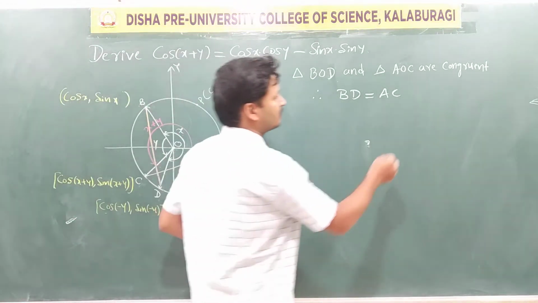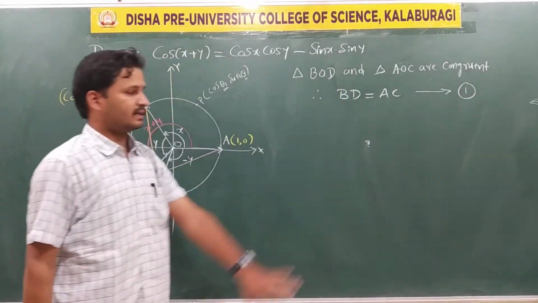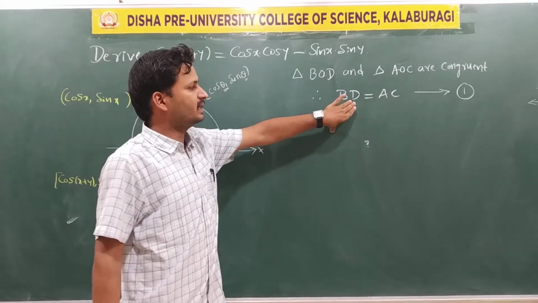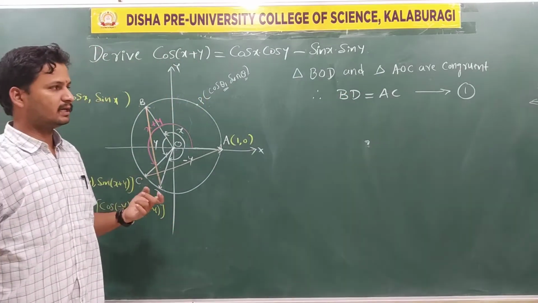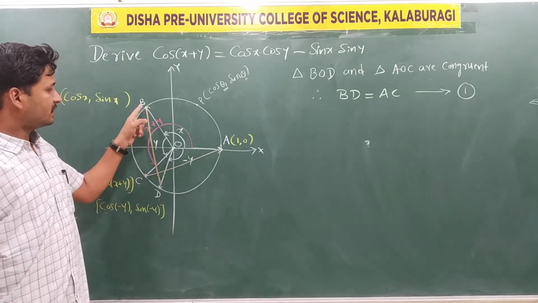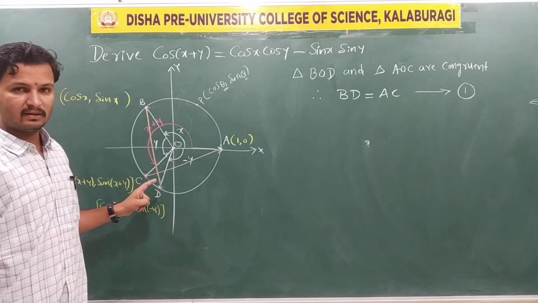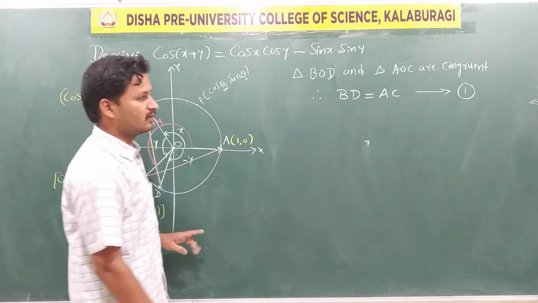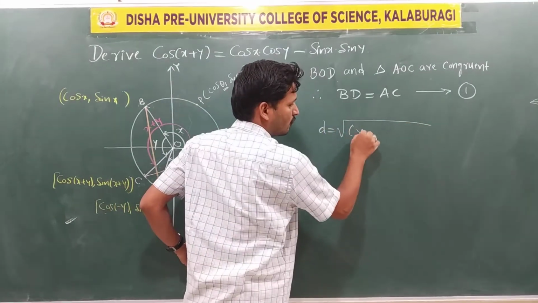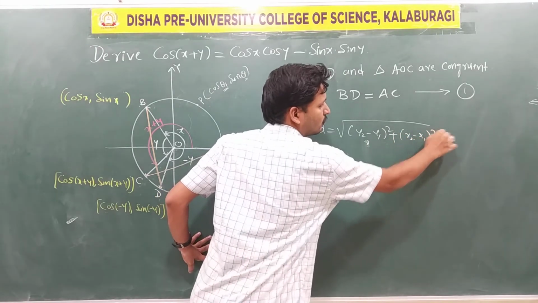Call this equation number 1. Here BD is the distance between point B and D, so we need to calculate the distance between point B and D. Here two points are there. We know the distance between two points formula: D is equal to the square root of y2 minus y1 whole square plus x2 minus x1 whole square.